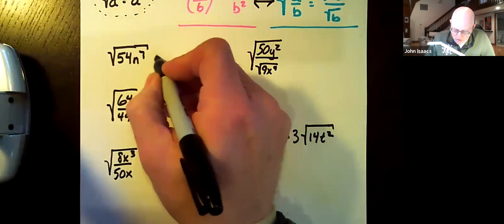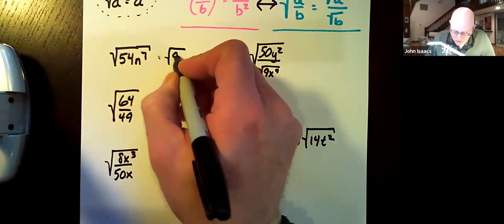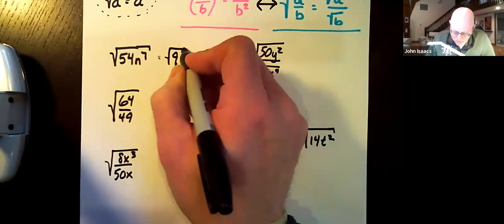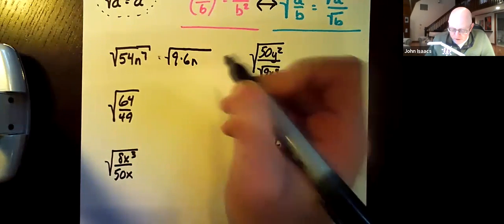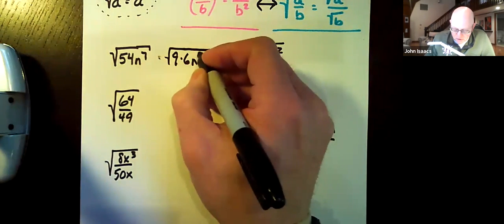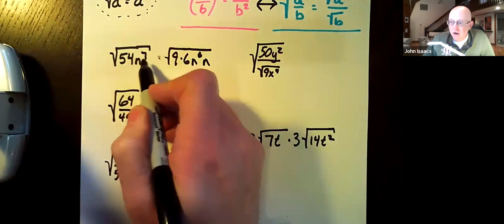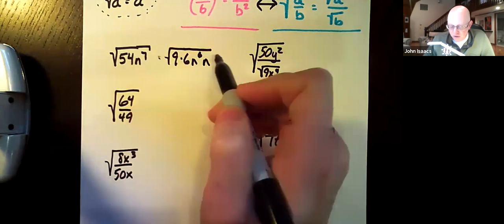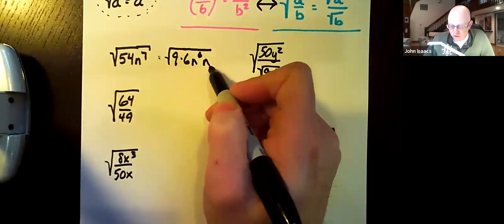So we're going to say that this is equal to the square root of 9 times 6 times n, let's see, the biggest perfect square that goes into n to the 7th is n to the 6th, leaving an n. So whenever you have an odd number here in the exponent, your biggest perfect square is an even number, one below it, leaving also n.